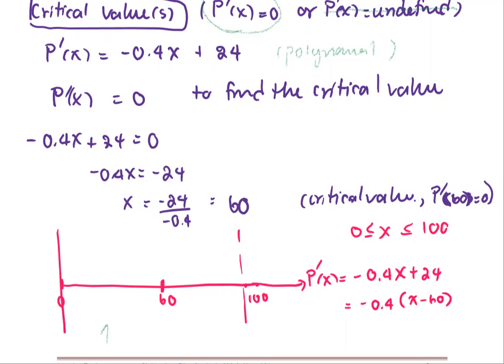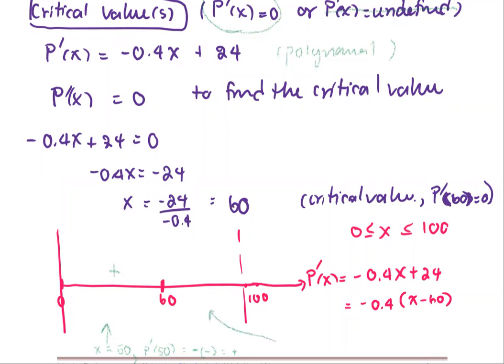If you look at a number between 0 and 60, pick any number, for example x = 50. The P prime at 50, we identify just the sign: negative multiplied by negative, which is a positive sign. So P prime is positive on the left side of 60.